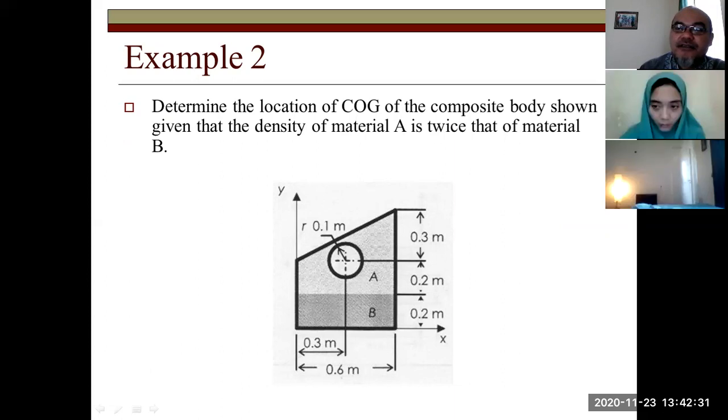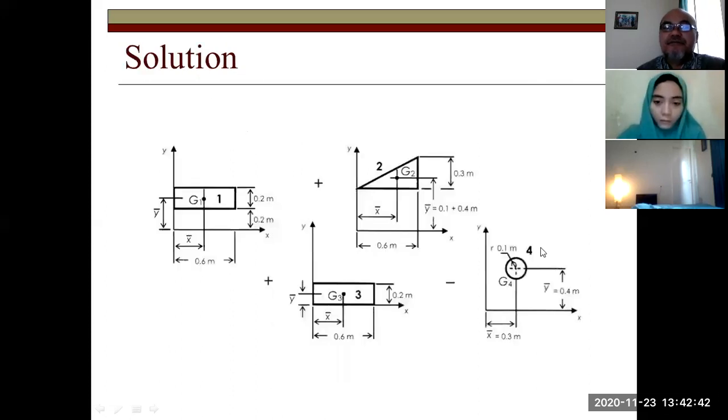When you have different density, your center of gravity will also shift.